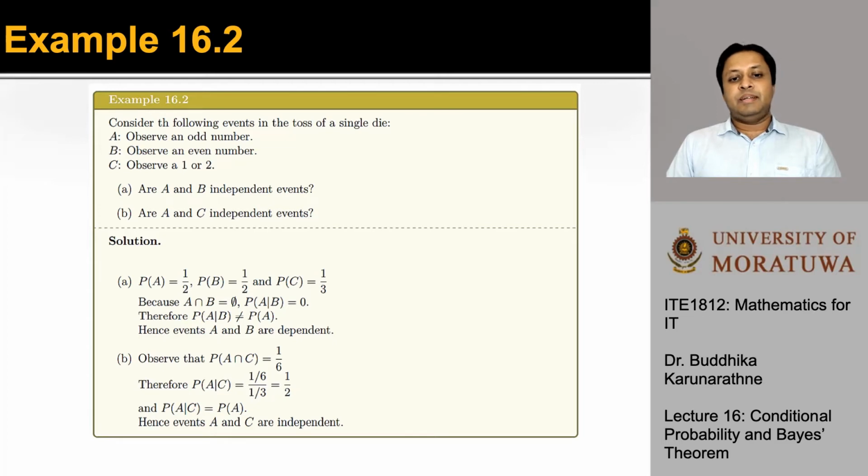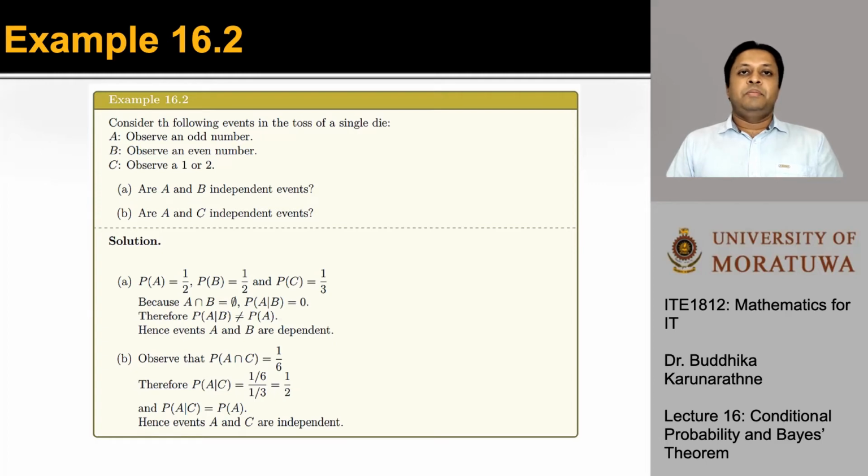Now we have part B, where we have to look at events A and C. We can observe that A intersection C, that is observing an odd number and observing 1 or 2, they have something in common, right? In event C, we have the outcome of 1, which is included in event A. As an odd number, we can experience the outcome 1.